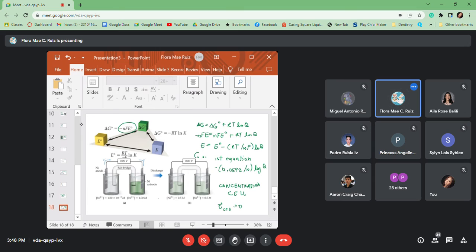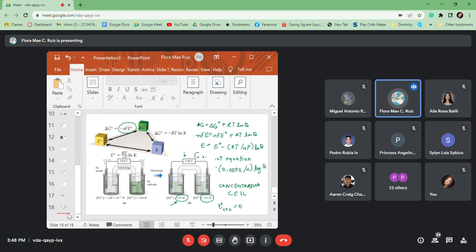So here, we start with 1 times 10 to the negative 3 moles at the anode and 1 mole at the cathode. If you attach a voltmeter, you are going to read 0.09 volts. But if they have the same solution or concentration, so 0.5 moles of nickel and 0.5 moles of nickel, then there would be no reading already.